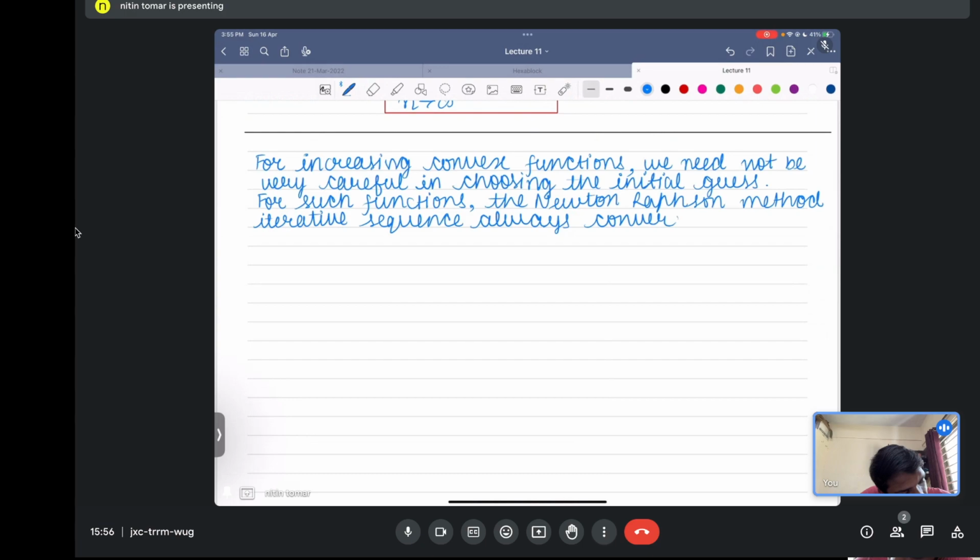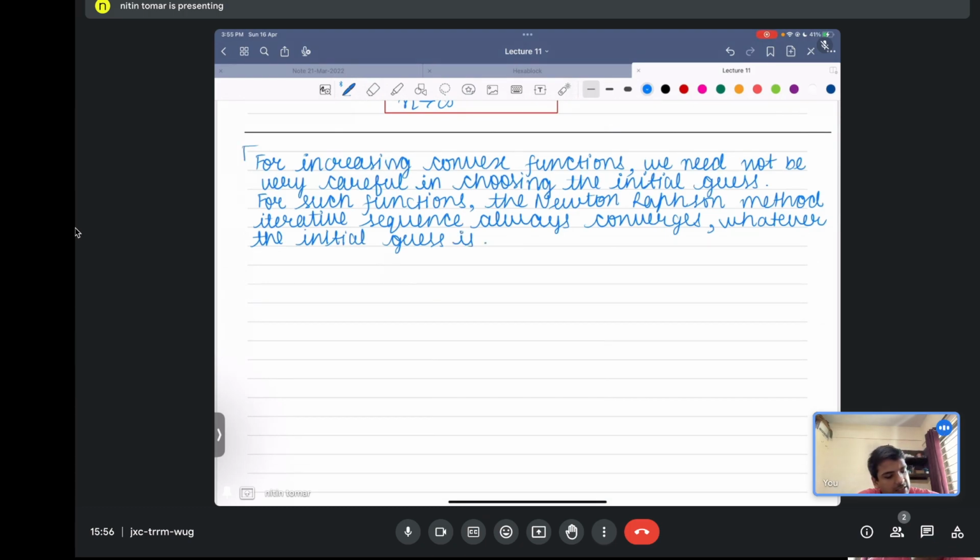See, that is the good thing about this class of function. So whatever your initial guess is, whatever the initial guess is.